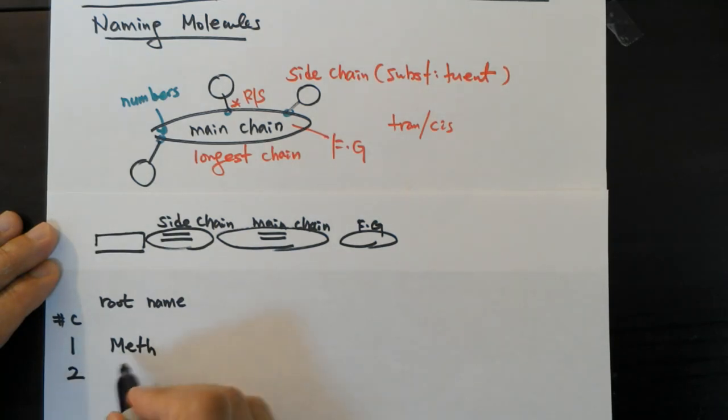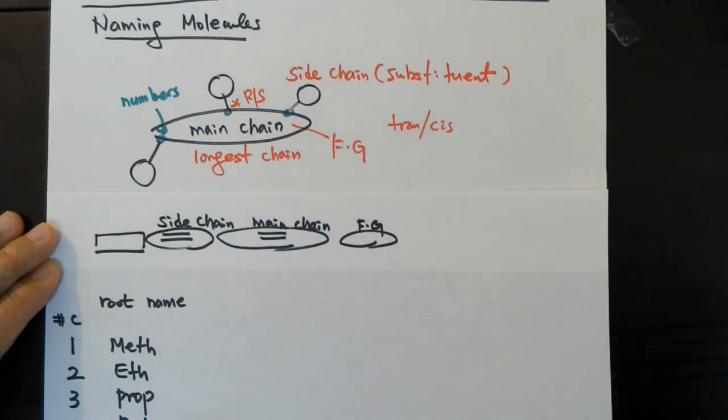If you have 2 carbons, eth. 3, prop. 4, but. 5, pent. 6, hex. 7, hept. 8, oct. 9, non. 10, dec, etc.